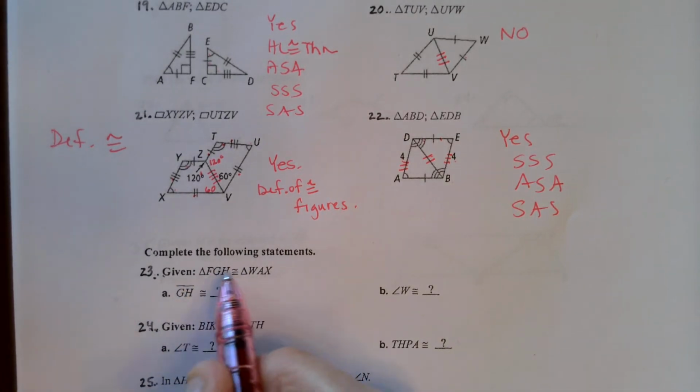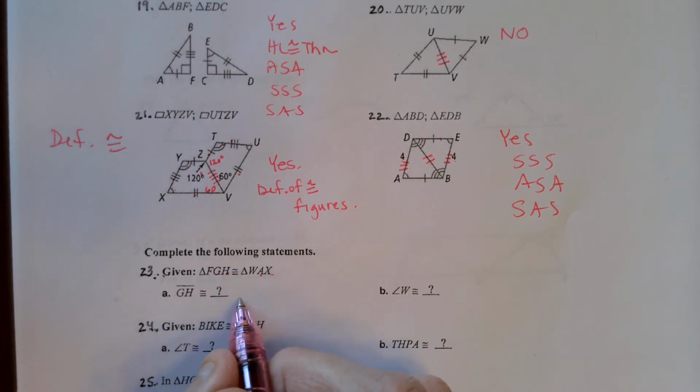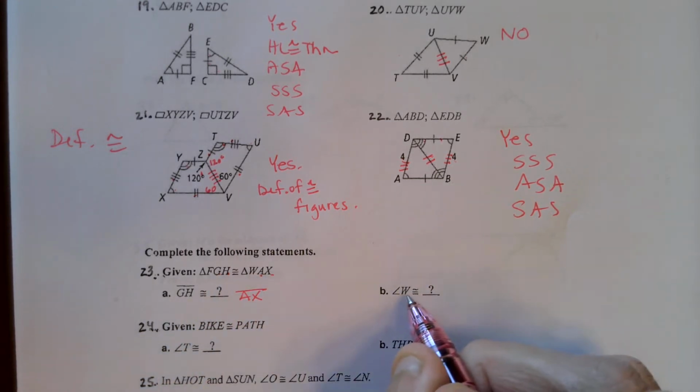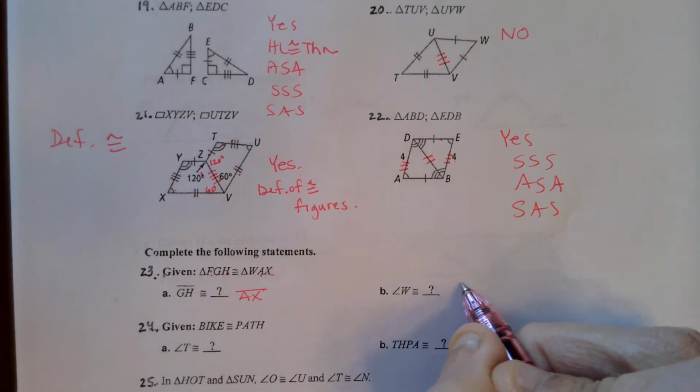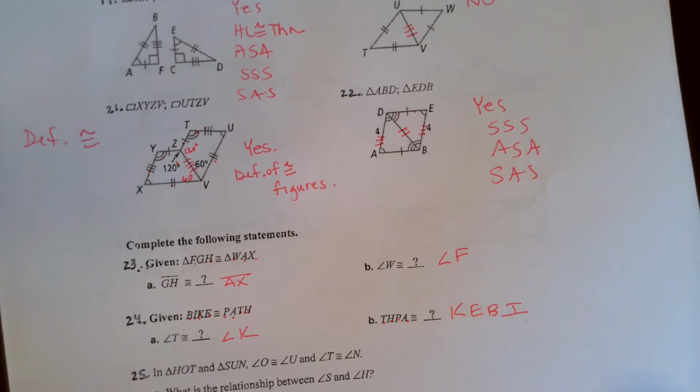Lots of these types of things. So GH is corresponding to XAX. And angle W is corresponding to angle F. And angle T, the third one, is corresponding to angle K. So hopefully you guys are getting those right.